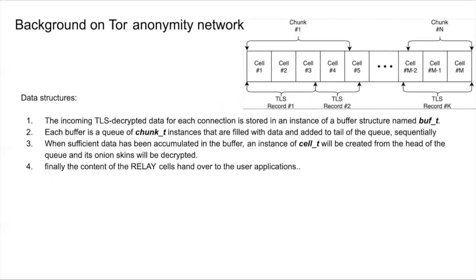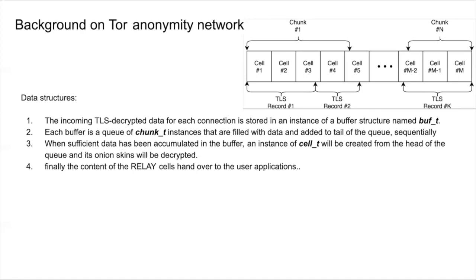These are the data structures used in the Tor client to store all the data from the network. The TLS decrypted data for each connection is stored in an instance of a buffer structure called buf_t. And each buffer is also a queue of chunk_t instances that are filled with data, and the data is added to the queue.